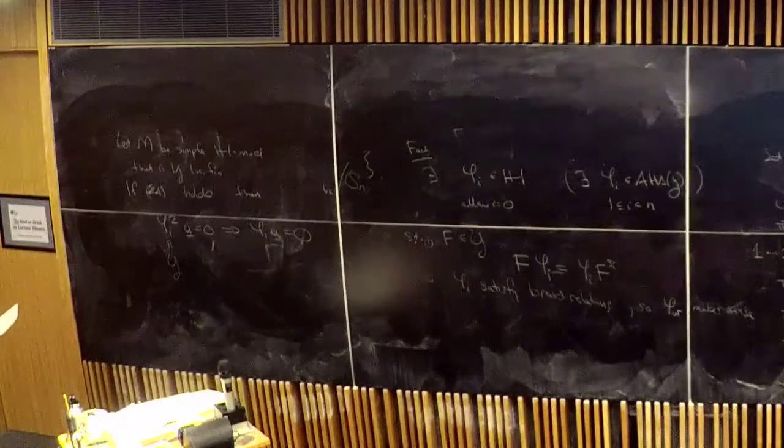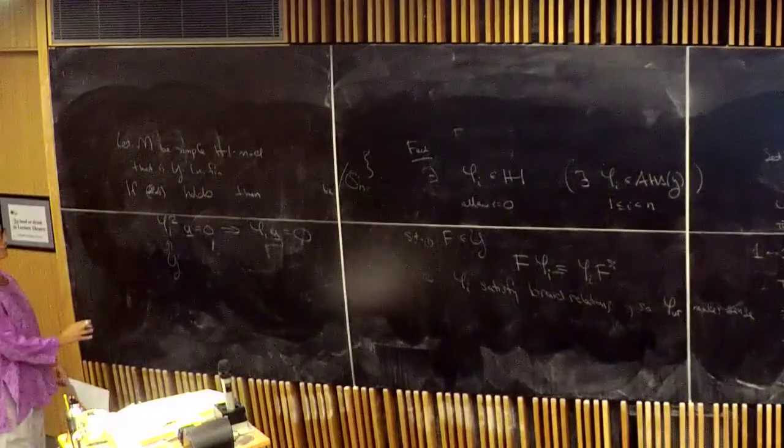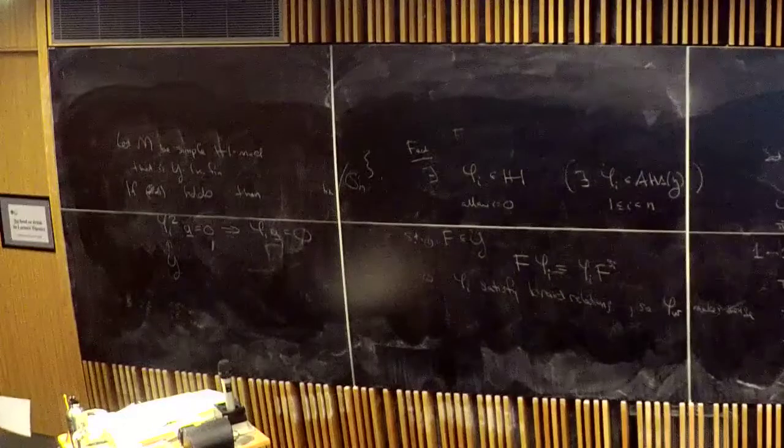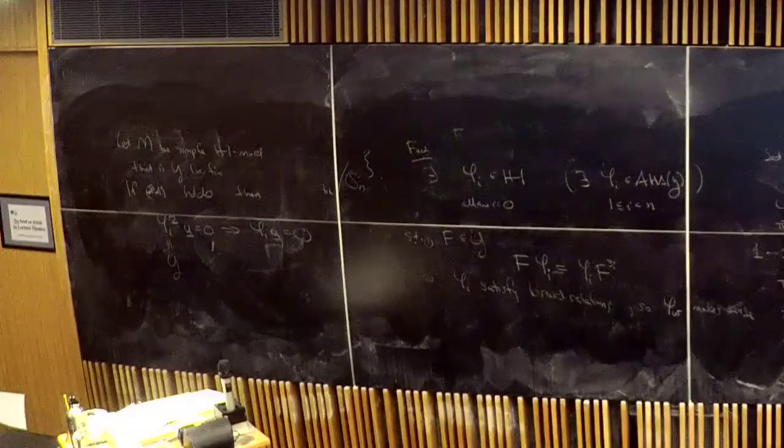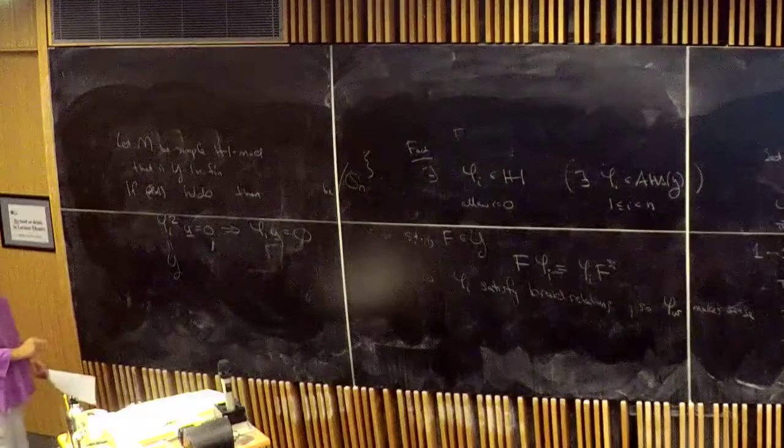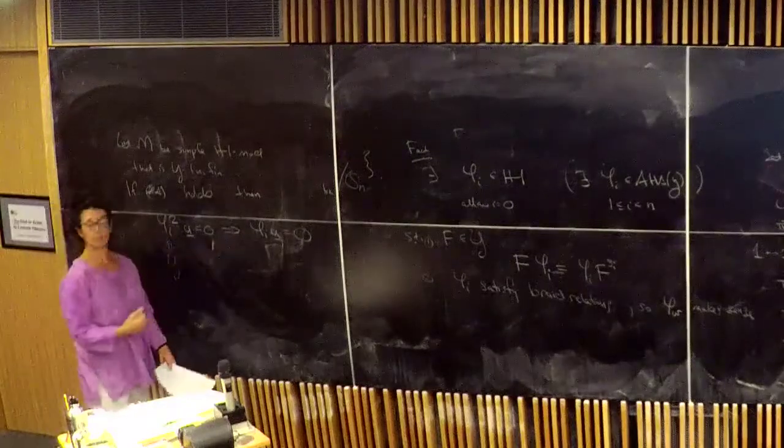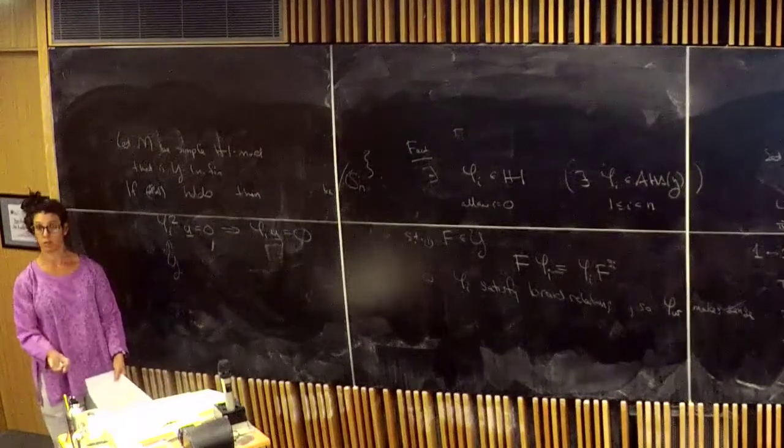And I should say, because this is true, if you start with a module that you don't know is simple or not, and you have this property holding, it's actually telling you when something gets pushed into a proper submodule.